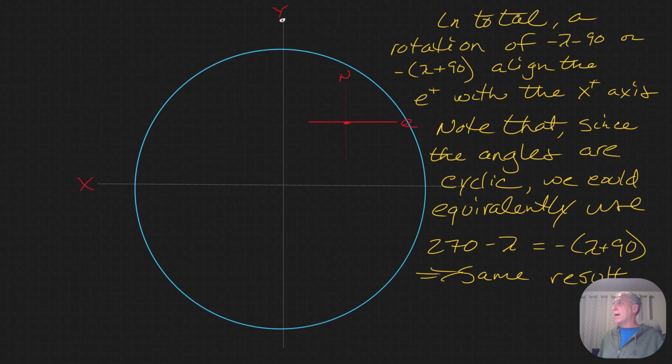Notice that they are aligned now. The E positive is parallel to the X positive. And that's what that does for us.